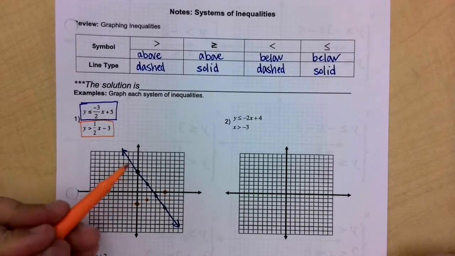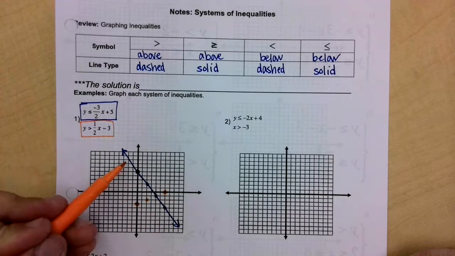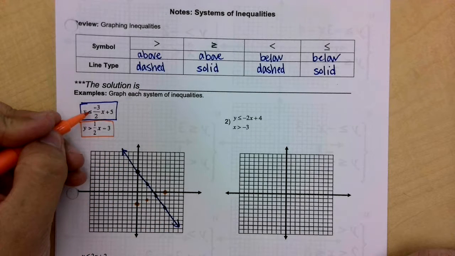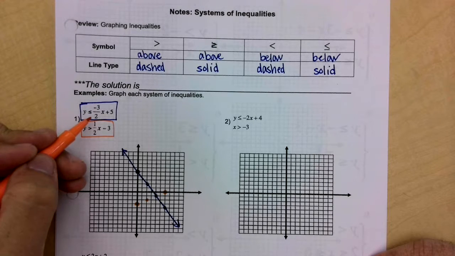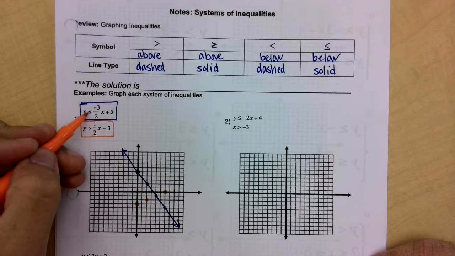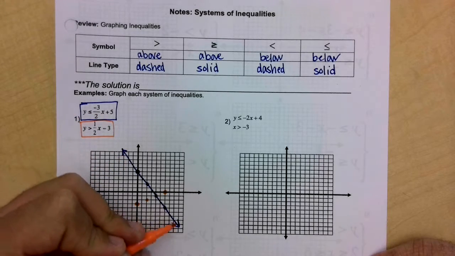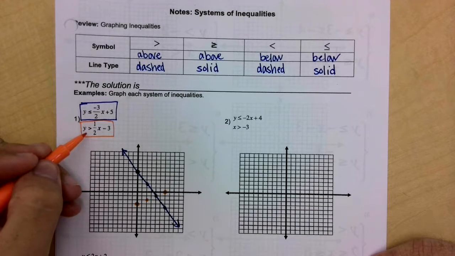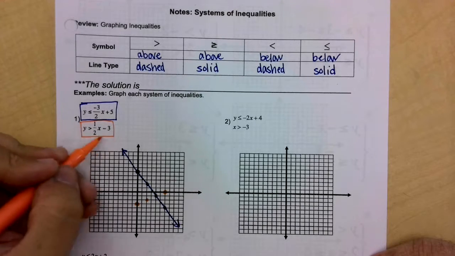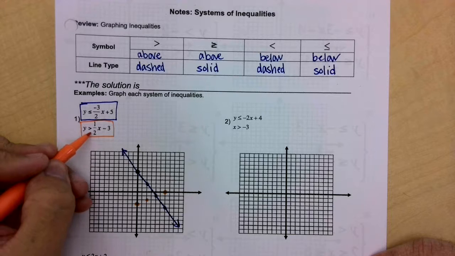However, one thing I forgot to mention with this first line is that we have to be careful, based on the inequality sign, about what kind of line we're going to put. Because this had a line underneath, because it has an aspect in its equation that has an equal sign, we want a solid line. But if I look at this orange inequality here, I don't see the line underneath.